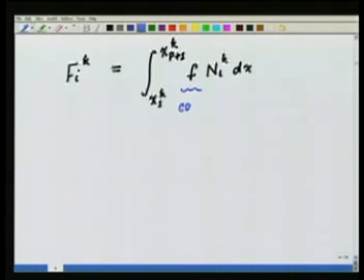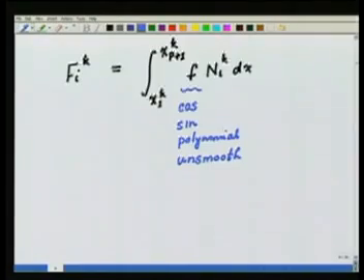It could be a cosine kind of a load, it could be a sine kind of a load, it could be a polynomial load, it could be unsmooth, it could be anything. Now in each of these cases, if I have to use the finite element method to get a solution, I have to do these integrations specifically for the kind of load which is applied on the member.